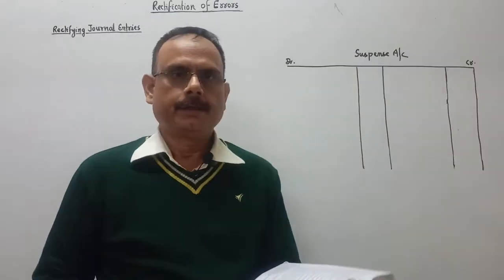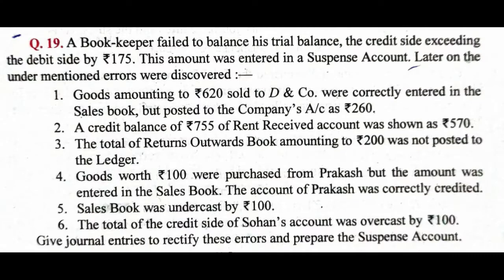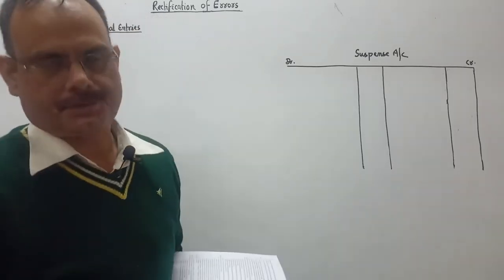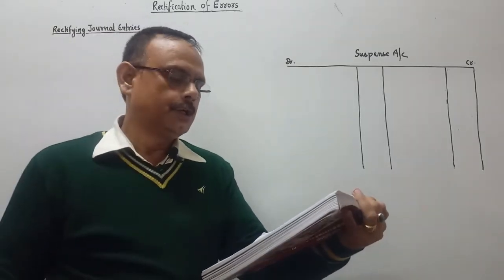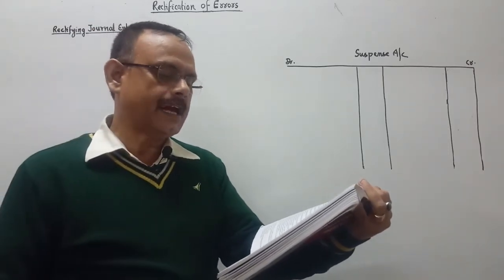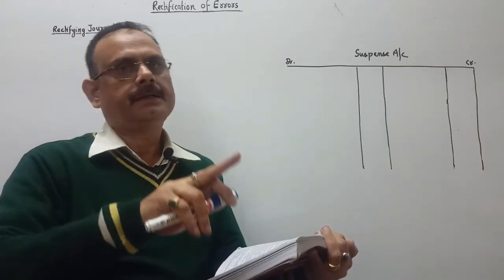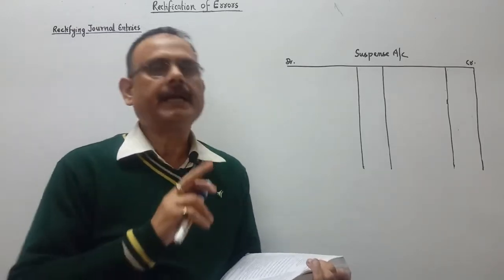The next question is from rectification of errors. A bookkeeper failed to balance his trial balance, the credit side exceeding the debit side by rupees 175.